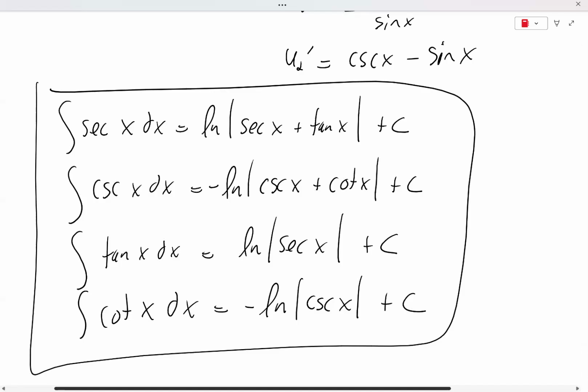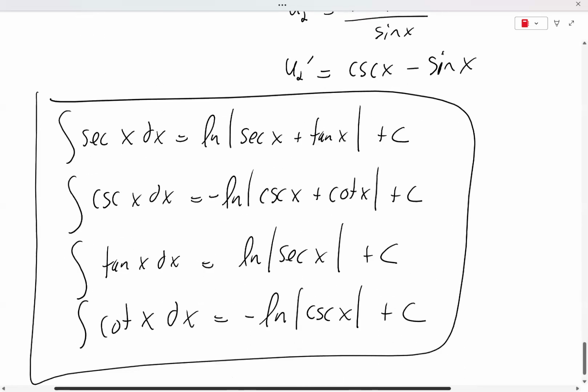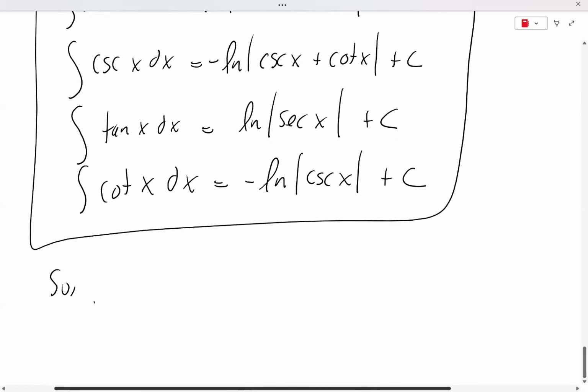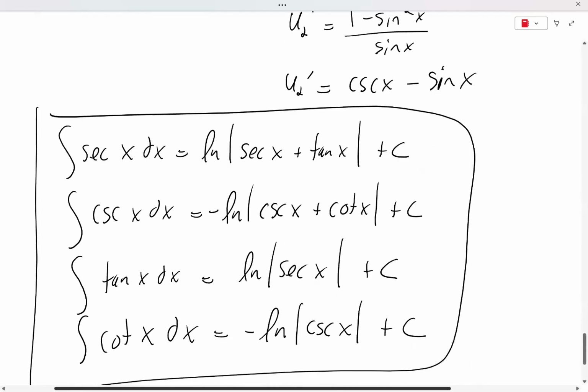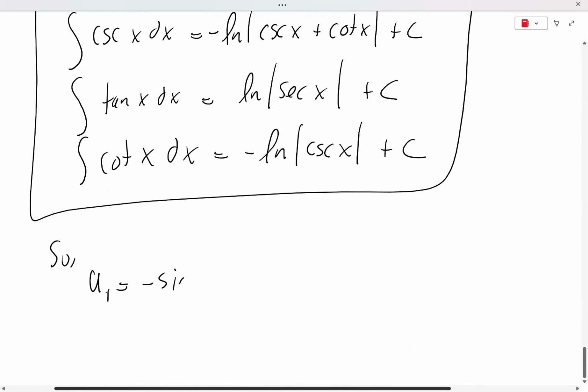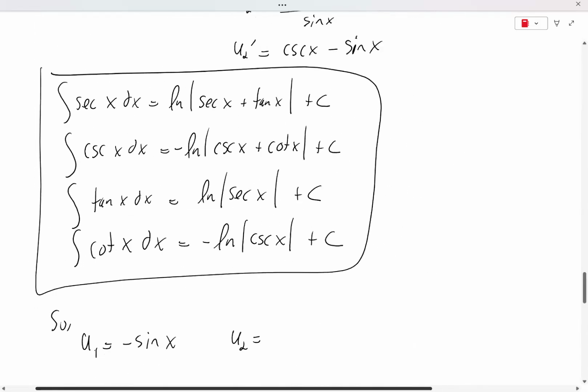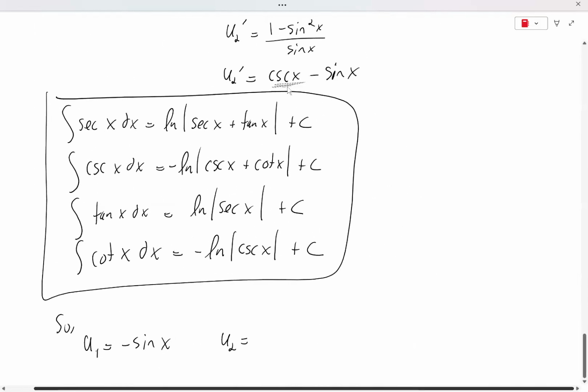So back to what we had before. We got u sub 1, which was equal to negative sine x, that's the antiderivative there. And then u sub 2 is equal to what? That would be the cosecant antiderivative, this one here.